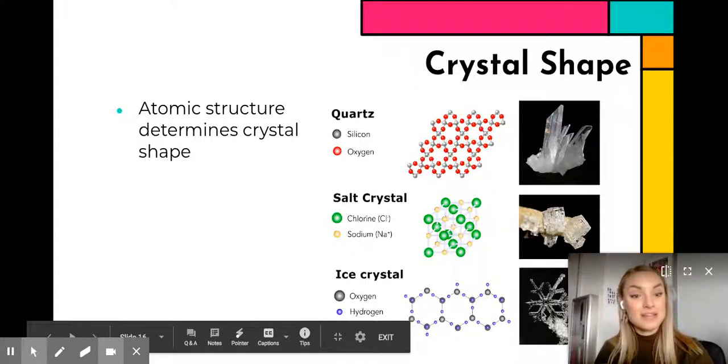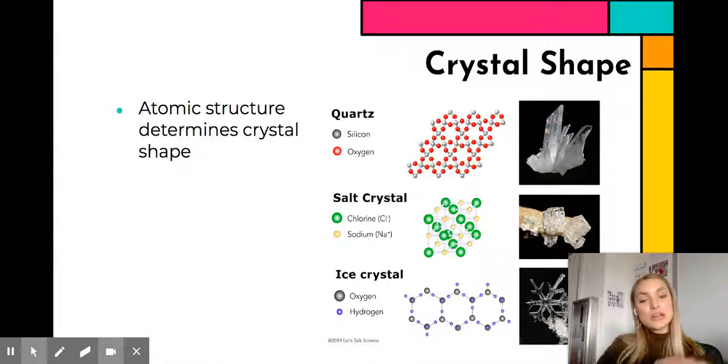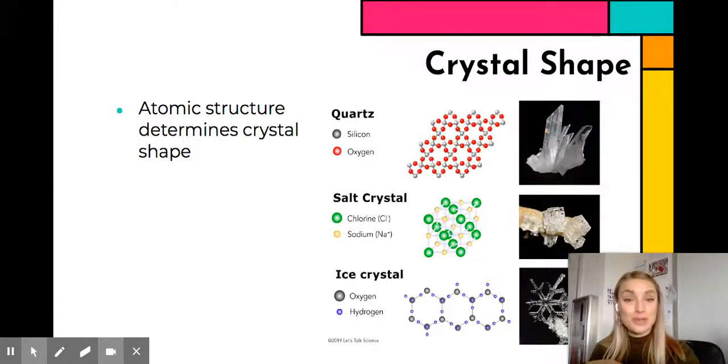Well, that's not super surprising then why we see snowflakes form in the way that we do. They have very fixed structures that are kind of open and delicate. So the atomic structure, how the atoms are arranged, can determine the crystal shape of a different type of mineral.